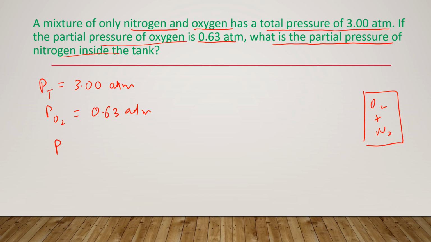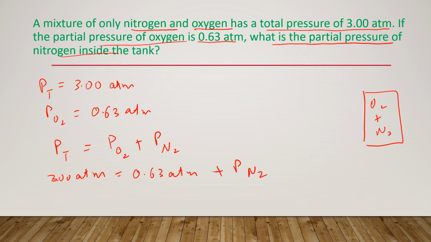We know that P total is equal to the sum of partial pressures of individual components. So that will be P oxygen plus P nitrogen, where P oxygen is the partial pressure of oxygen and P nitrogen is the partial pressure of nitrogen. So let's plug in the values. P total is 3.00 atm and P oxygen is 0.63 atm plus P nitrogen.